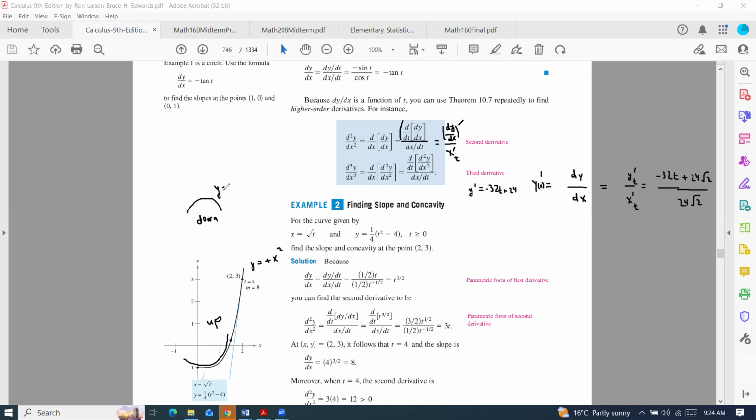And for those that open down, we'll have a minus sign in front. So the idea is to take the second derivative and see if it is negative, then the approximating parabola is going to open down. And if the second derivative is positive, the approximating parabola opens up.